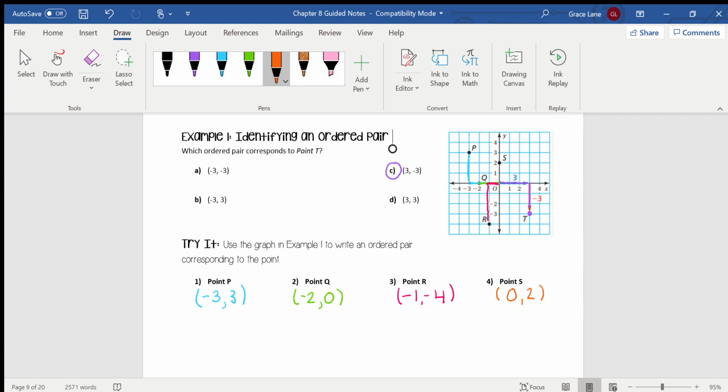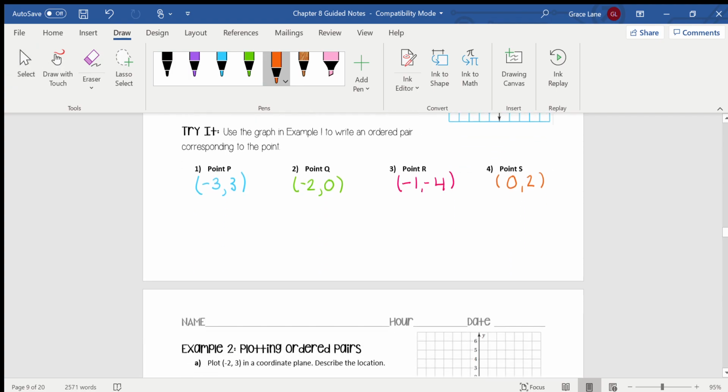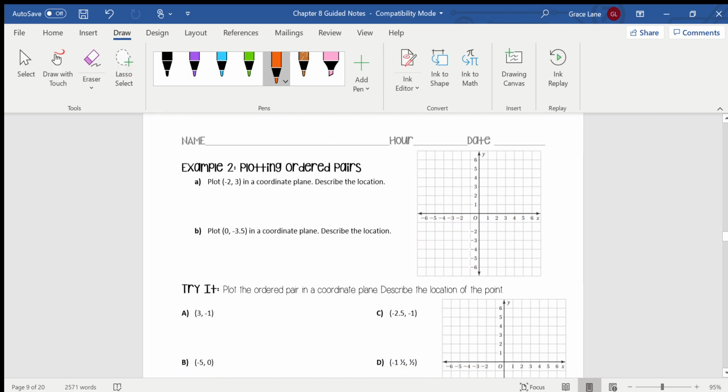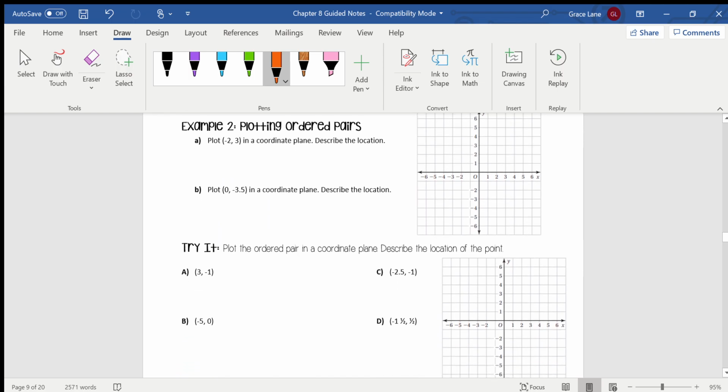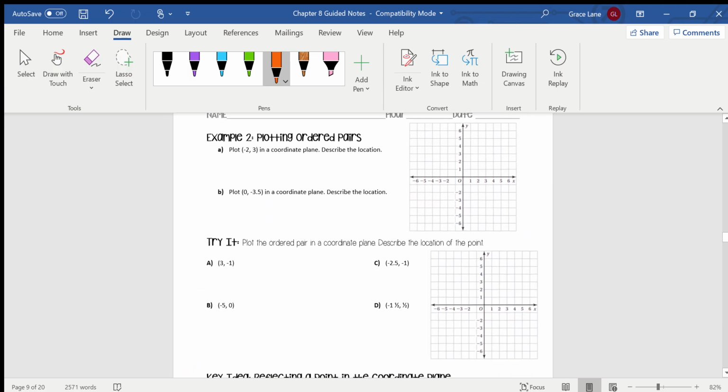The next thing we are going to do is reverse that, and we are going to plot ordered pairs. When it says describe the location of the ordered pair, that just means to tell me which quadrant it falls in. So (-2, 3) means go over to -2 on the graph, and then since it's positive, you go up 3 places.